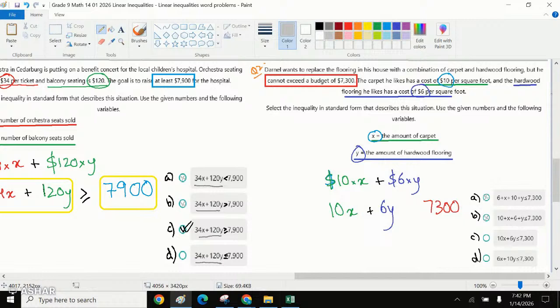That means it can be equal, it can be equal or less than, right? That means which option should be the correct? 10x plus 6y, that is option number C. Agreed. That means option number C is the correct answer.